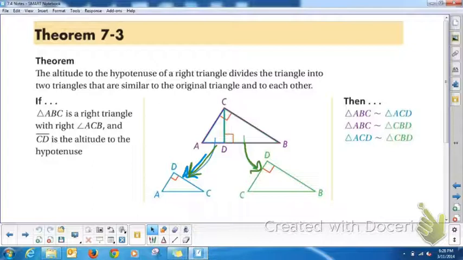And therefore, all the pairs are similar to each other. The big one, ABC, is similar to the smaller one and to the medium-sized one, and they are similar to each other.